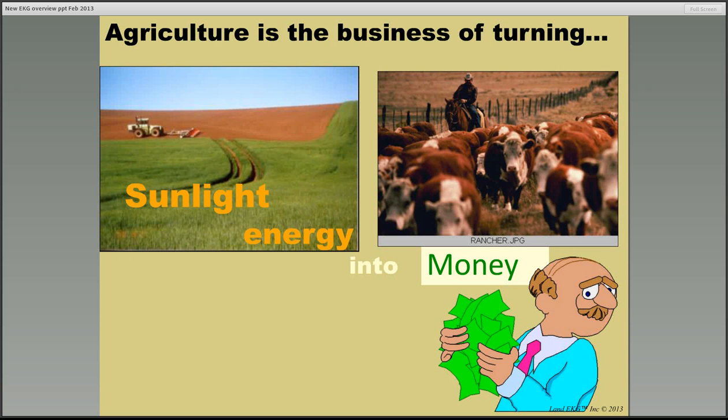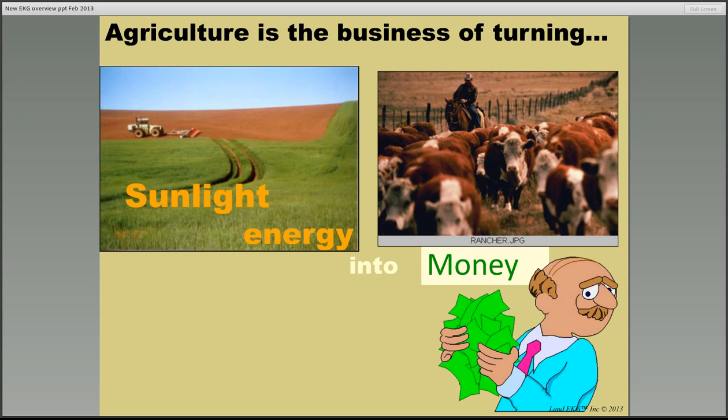Probably the premise of all of this is that in agriculture we've got to understand and recognize that all we're doing is turning sunlight, photons of energy, through the photosynthetic process, into food and fiber, primarily through grazing. That's where we've been focused.